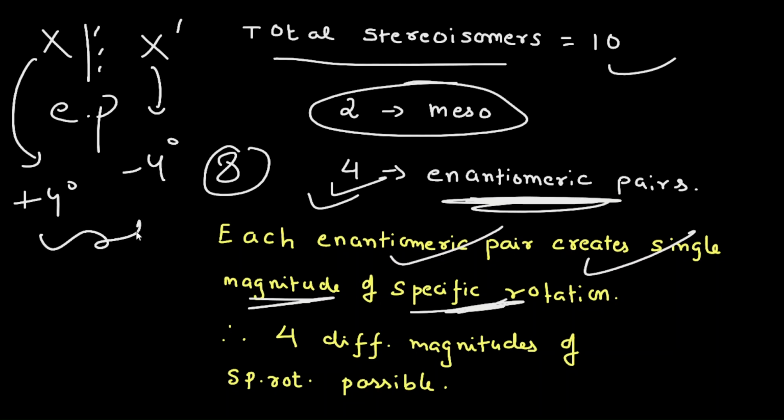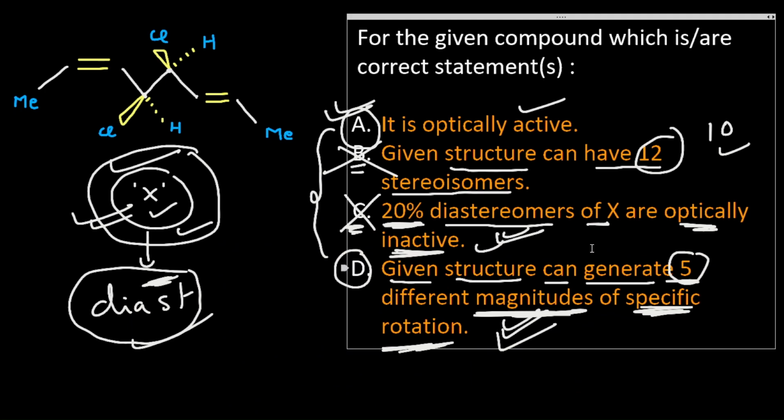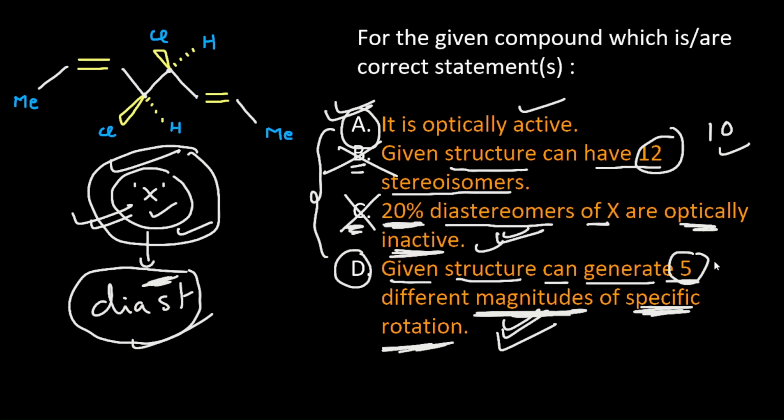So magnitude wise, you will have just one magnitude. And since there are four enantiomeric pairs, altogether you will have just four different magnitudes of specific rotation. If you revisit the question, it says there are five. So five is the wrong answer. The actual number is 4. So this is also a wrong option.